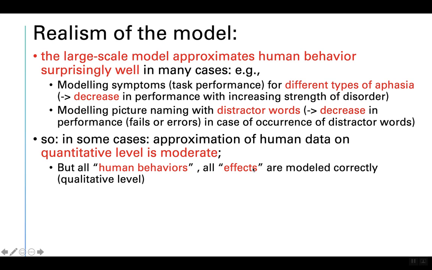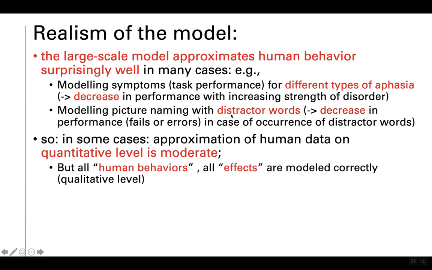So, in many cases, I think we get a good approximation of the human data on the qualitative level, but in some cases, the approximation of the human data on the quantitative level is still moderate.